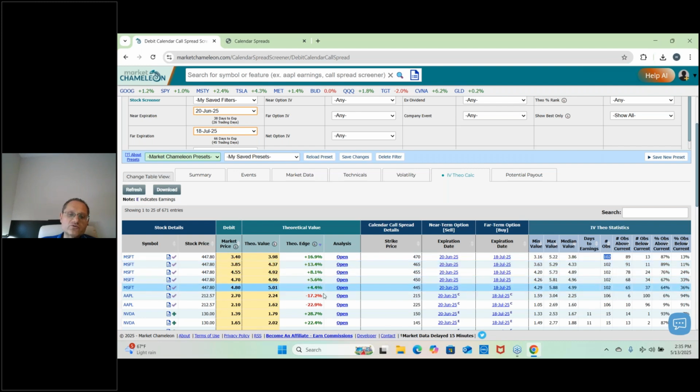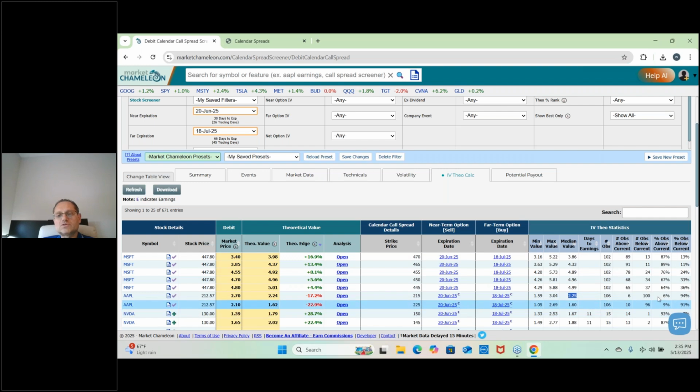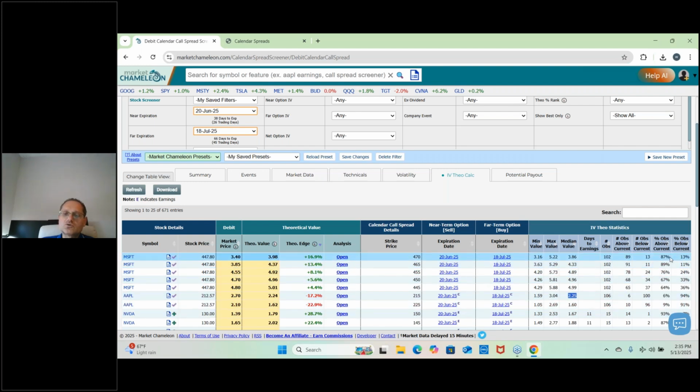And here we could see this one is 270 versus a historical range of 159 to 304. So this is closer to the higher range. It's above that median, 225. Okay. And this explains how many out of the 102 observations were above the current market price.